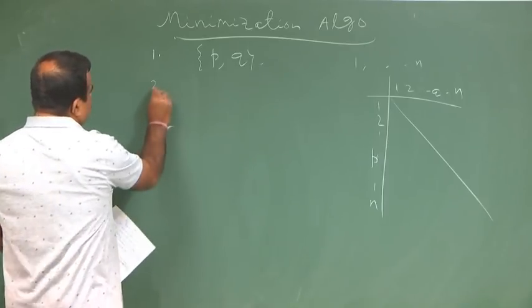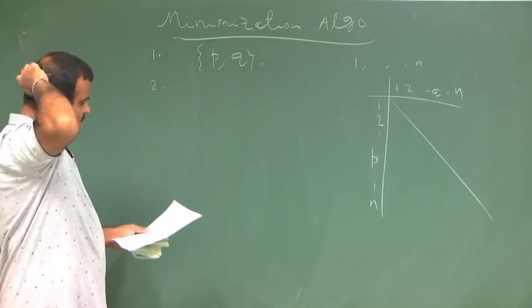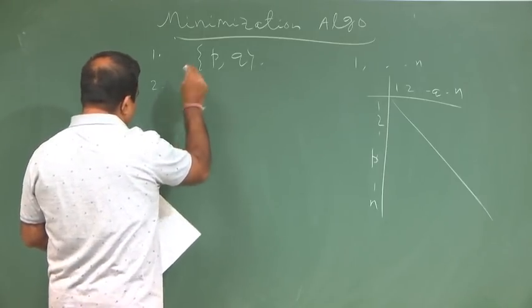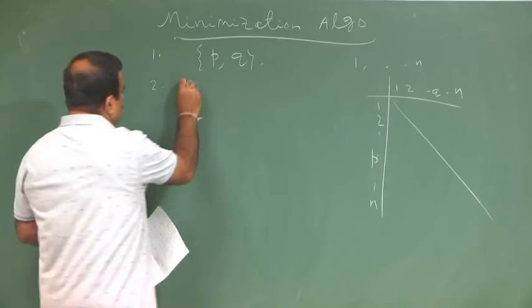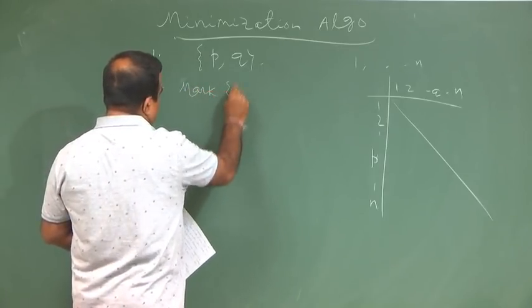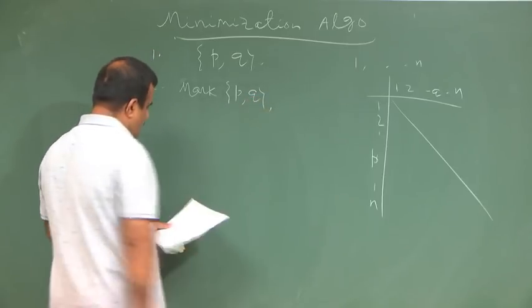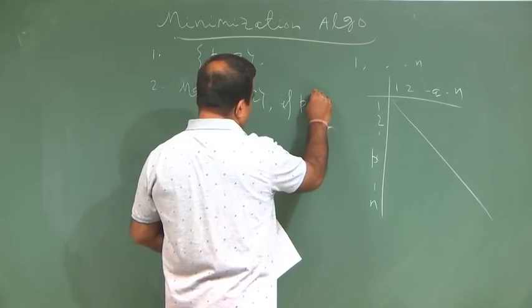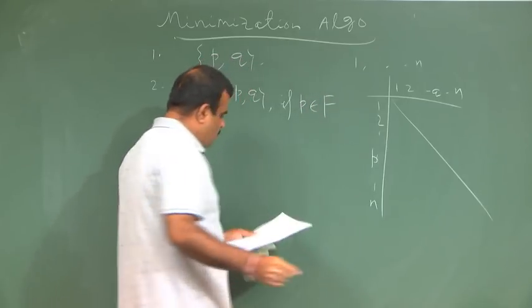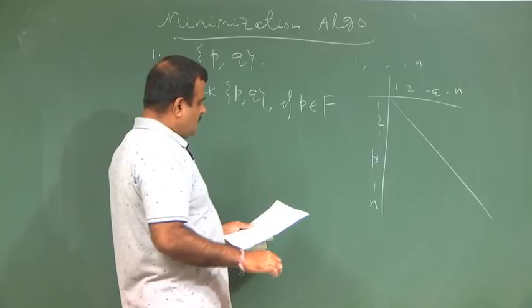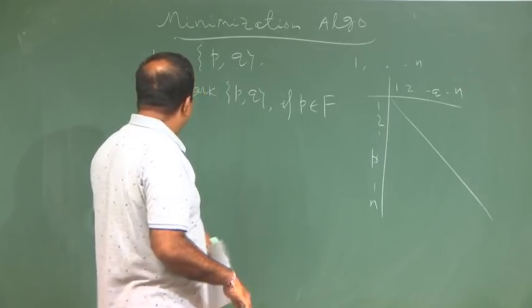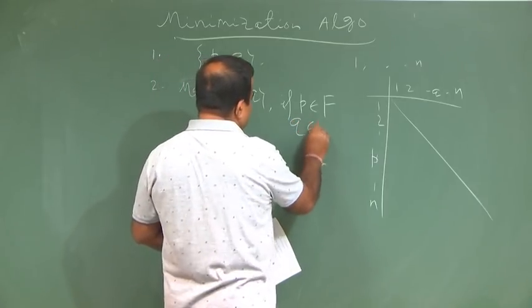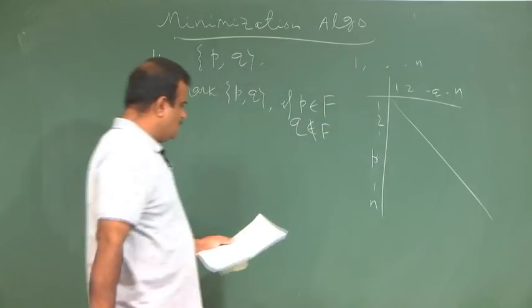And then what do we do? We form this matrix, then we mark. This is the first level: we put a tick mark on p, q if one is in the final state and the other is in the rejected state, I mean if p is this and q is this, or vice versa.